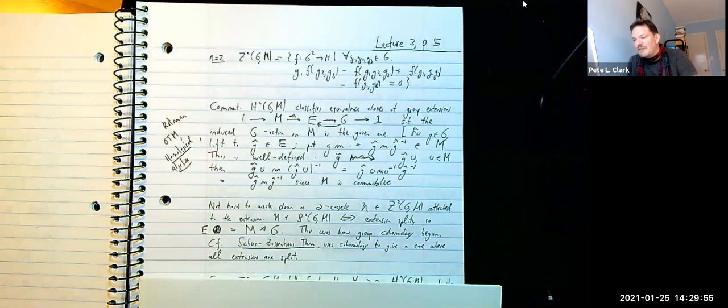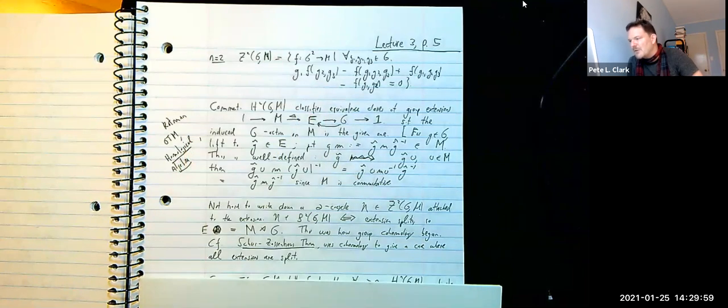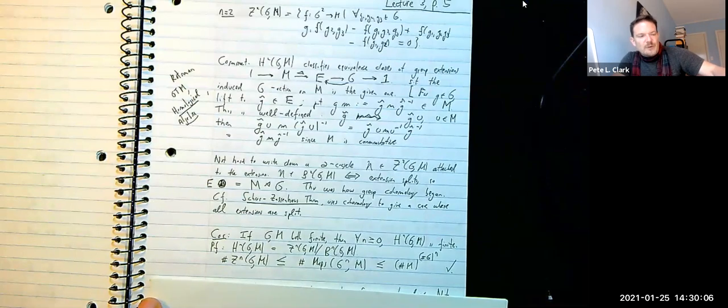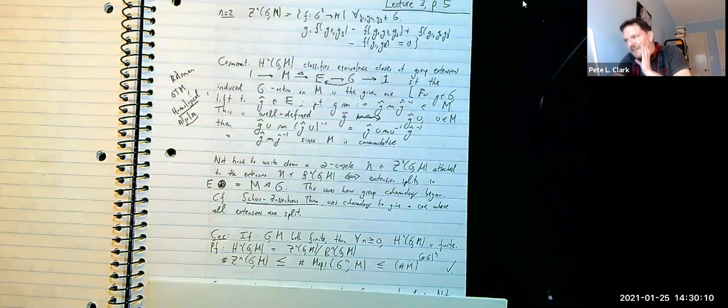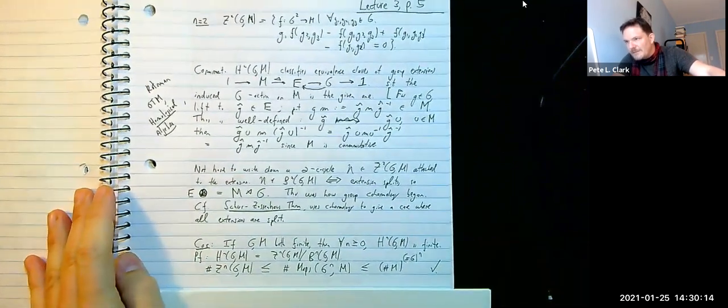And how do you prove the Schur-Zassenhaus theorem? You prove it by developing the rudiments of group cohomology. Okay, so that's where it's coming from. The first homology group has an interpretation in terms of extensions, group extensions as well.